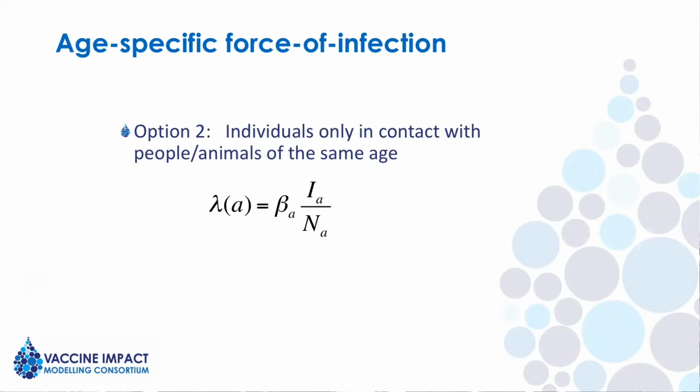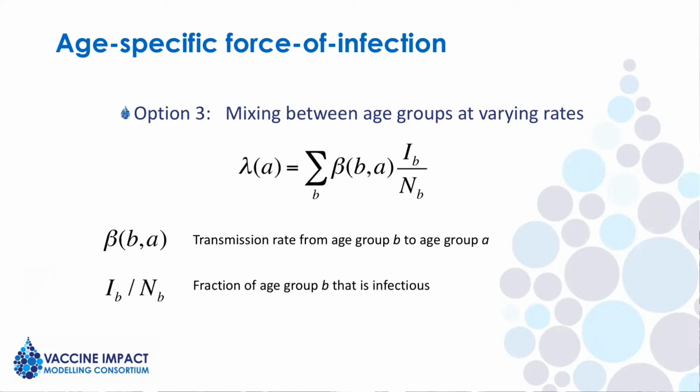One where maybe your force of infection only depends on people in the same age group as you. This might be appropriate for some model structures, maybe if we're not thinking about age, but some other sort of structure. But essentially, you're only infected by people in the same age group. Okay. And then we might have this.